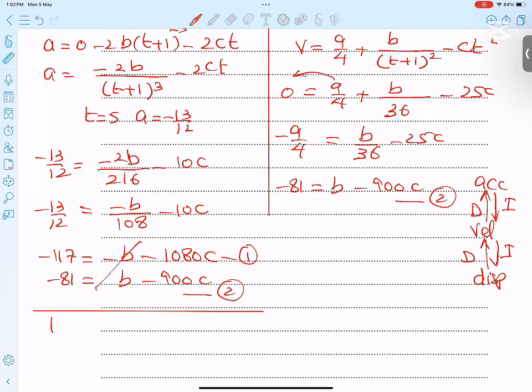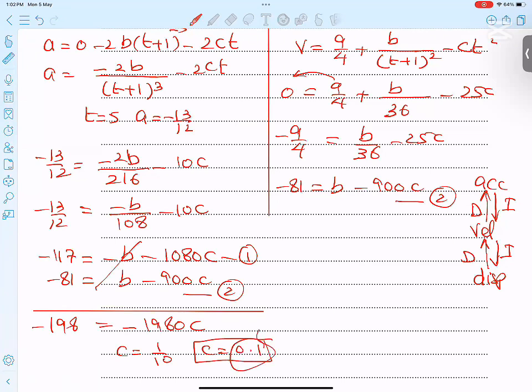I got 198. And here I got 1080 plus 900 gives us negative 1980c. When it goes down, we get the c value. This is fully the same. So 1 by 10 you write, or you write 0.1 is the c value.